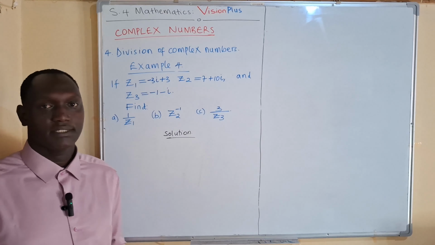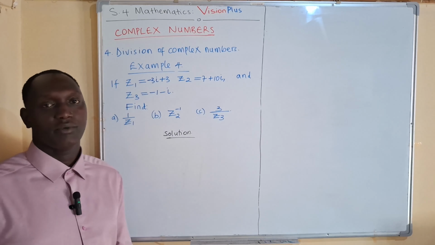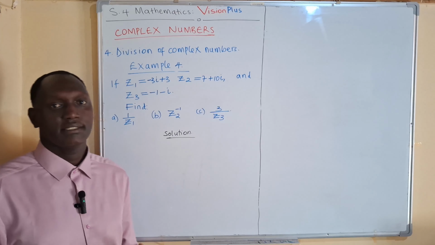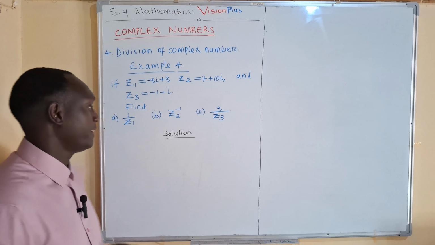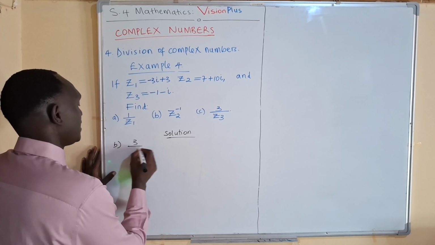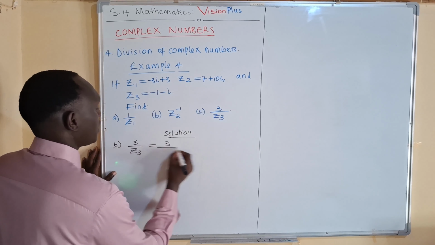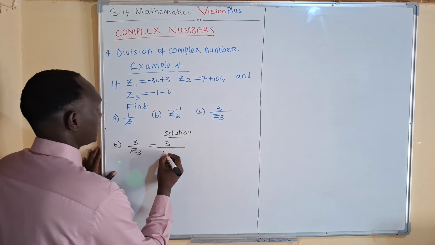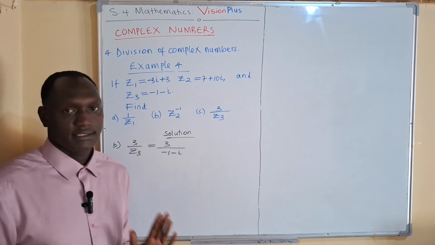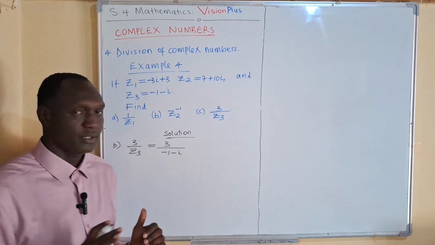Part C is not different from part A. The only difference is the numerator, which for part A is 1 and for part C is 3. So we need to just follow the same procedure. That is 3 over Z3 equals 3 over, what is Z3? Z3 is negative 1 minus i. I said it doesn't matter what is on the numerator; your focus is the denominator.